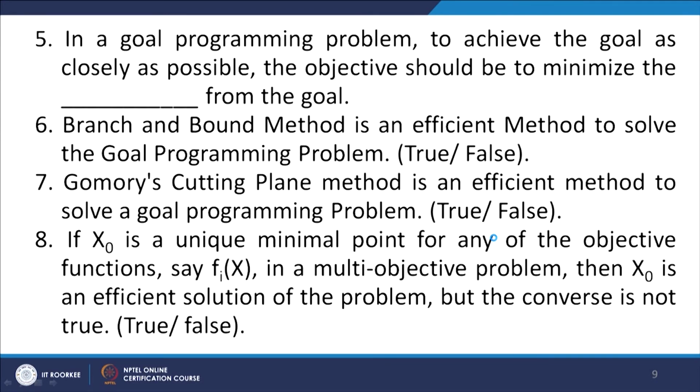Question number 5, in a goal programming problem, to achieve the goal as closely as possible, the objective should be to minimize the dash from the goal.